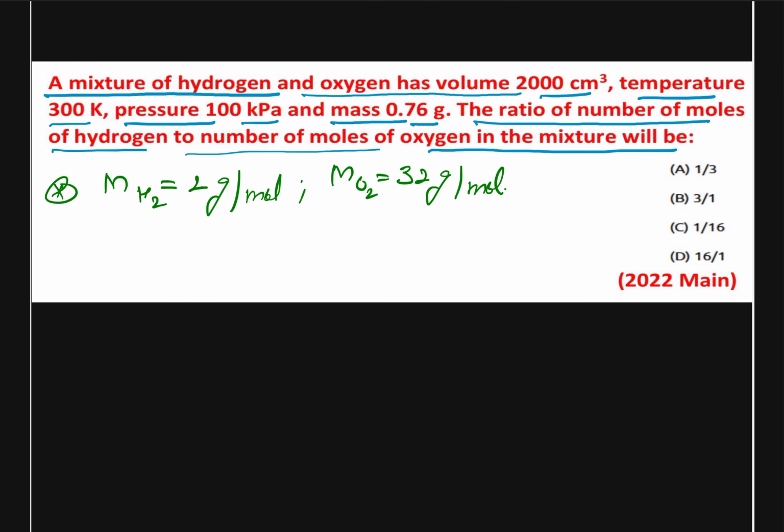Let us assume the mass of hydrogen in the mixture is M1 and the mass of oxygen is M2. So M1 plus M2, the mixture, is 0.76 grams.